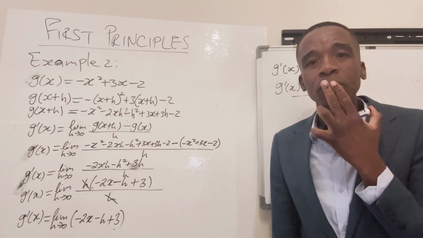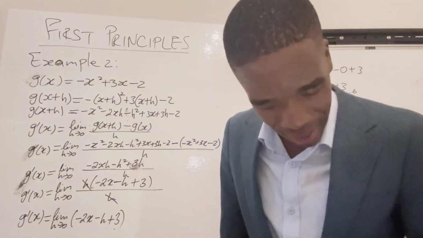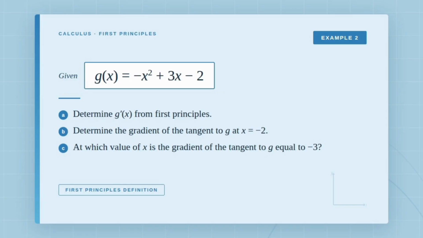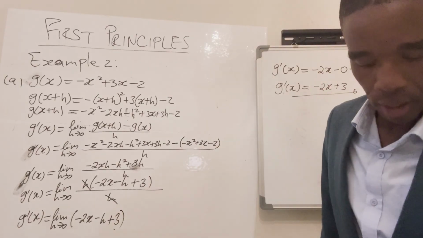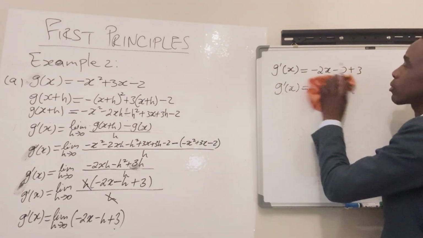Now, the question that would then be asked is the following. It says, determine the gradient of the tangent to g at x equals minus 2. Let us call this a, because it was a anyway. Now in b, we are determining the gradient of the tangent to g at x equals minus 2.